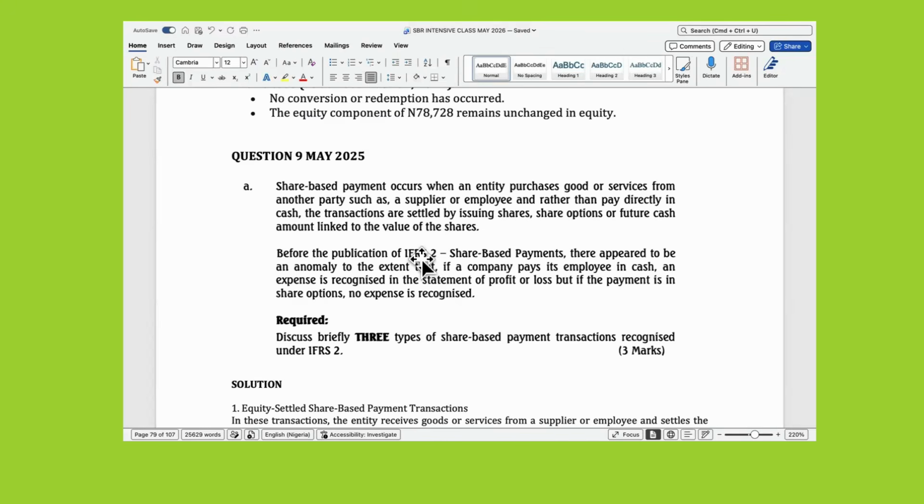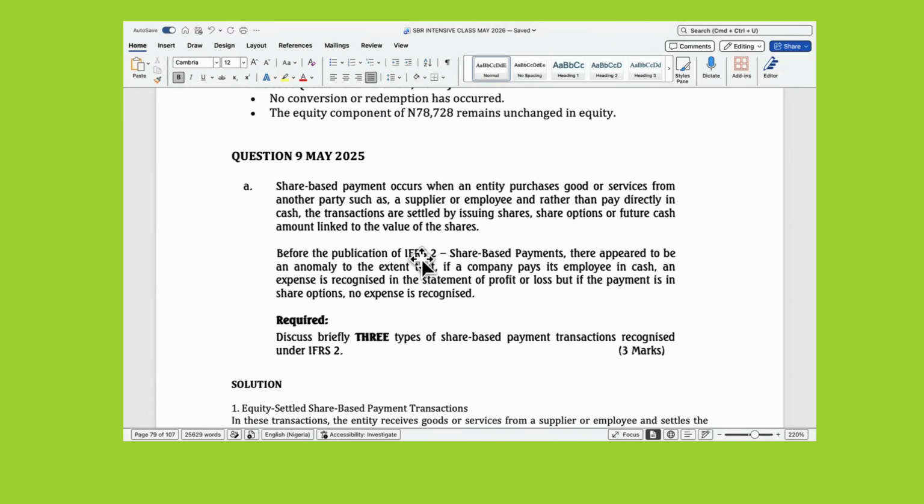Because you, the seller, are going to recognize revenue either way. IFRS 15 takes care of you. But now we are talking about the buyer. How will you recognize that transaction in his books? Because he's not paying money, he's giving you shares. And that's the focus of IFRS 2 on share-based payment.